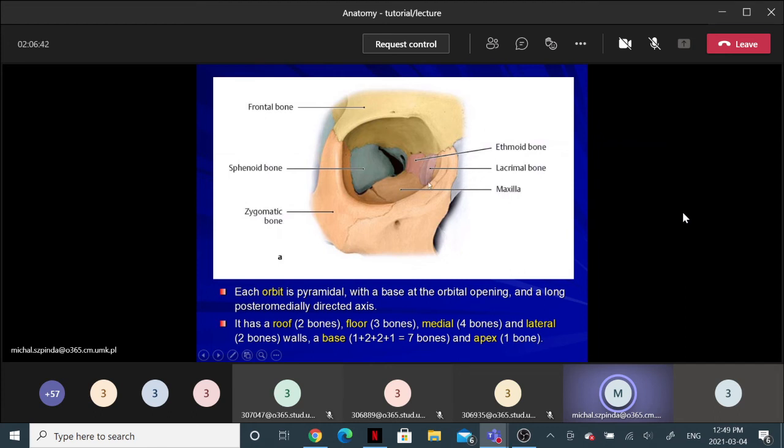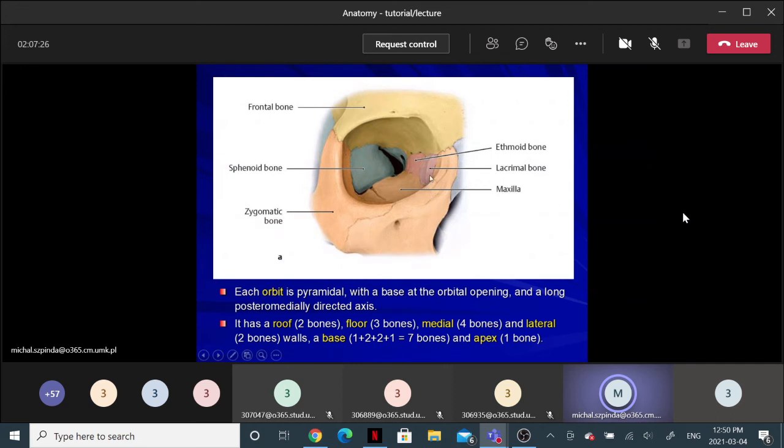Apart from this, between the inferior and medial walls, we have the fossa for lacrimal sac, not gland. Fossa for lacrimal gland refers to the roof in its lateral part. So here is a fossa for lacrimal sac, which continues as the nasolacrimal canal.